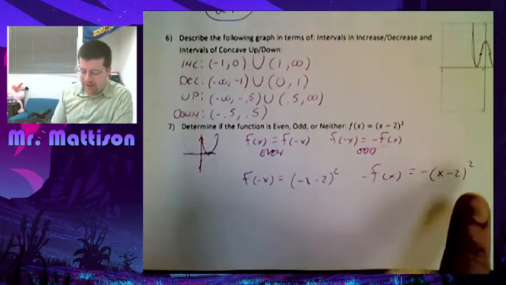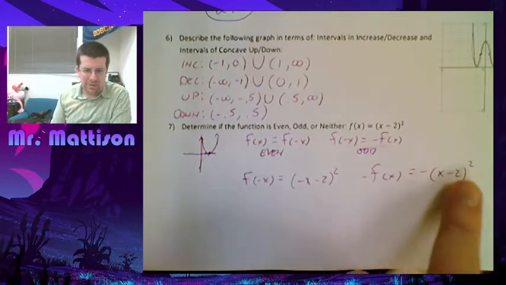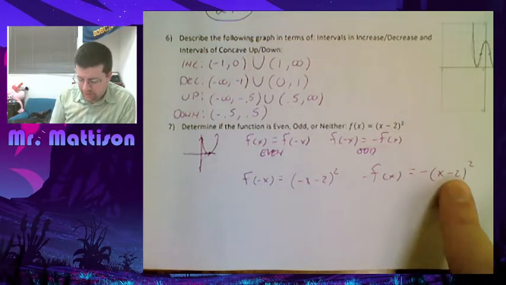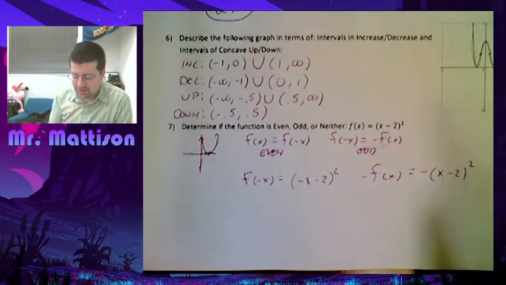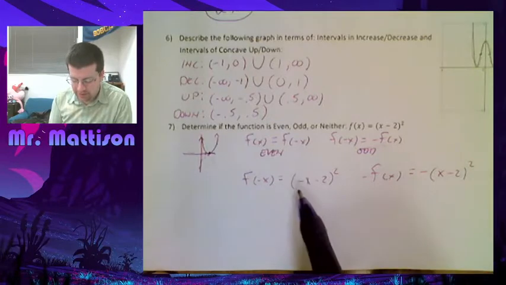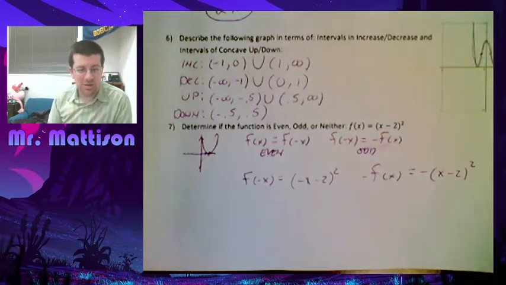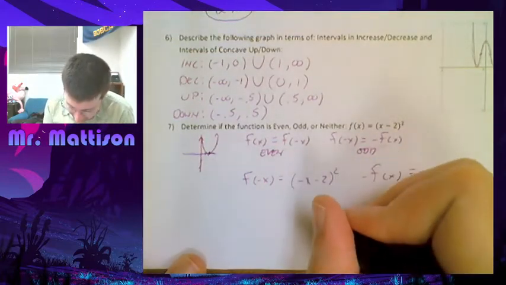So again, I can't just bring that negative through because it's being raised to the second power. If you need to, you can FOIL that out, but you're going to get different things because this negative here, and negative, and no negatives. All three of those are different. There's no correlation there, so it's going to be neither.